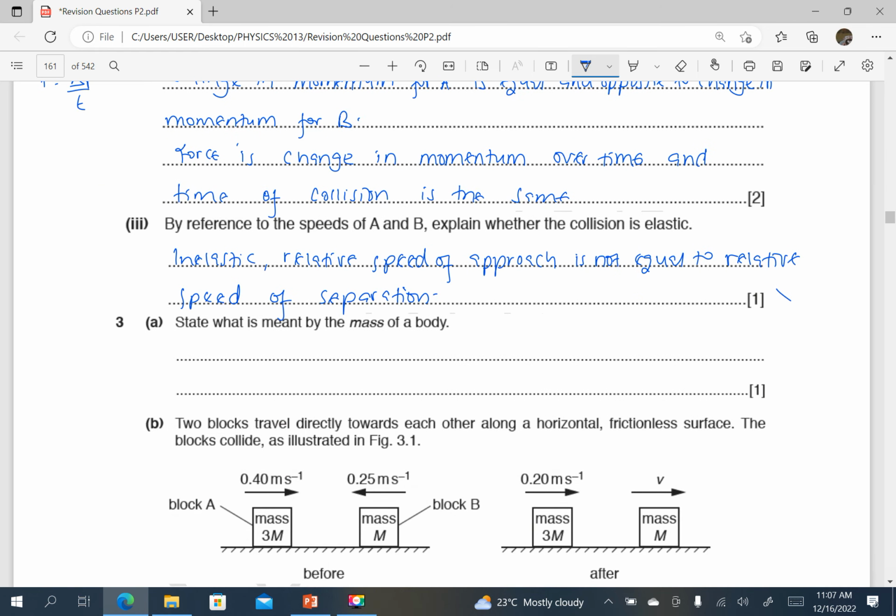State what is meant by the mass of a body. Of course, right from lower classes, maybe you define mass as a quantity of matter contained in a substance. But mass is a property of a body resisting change in motion.